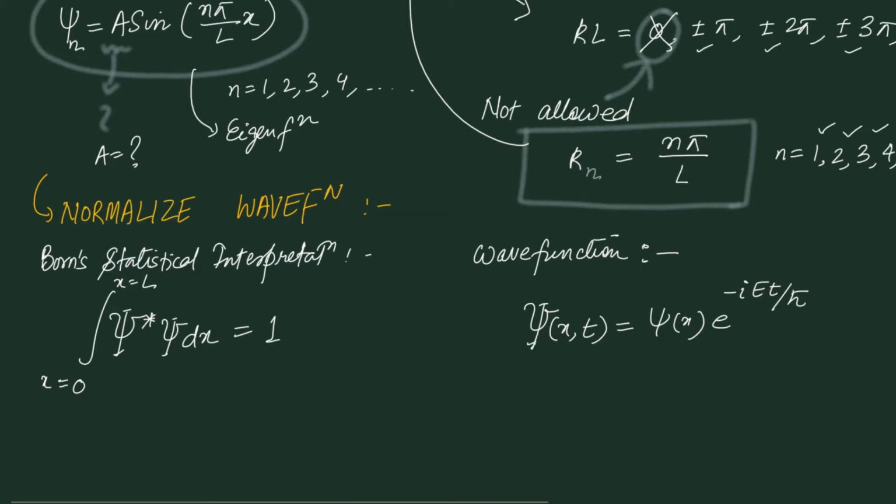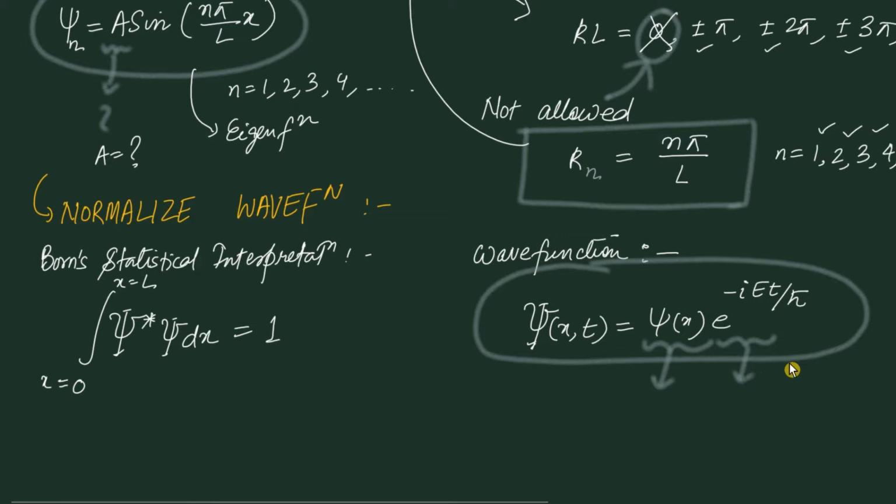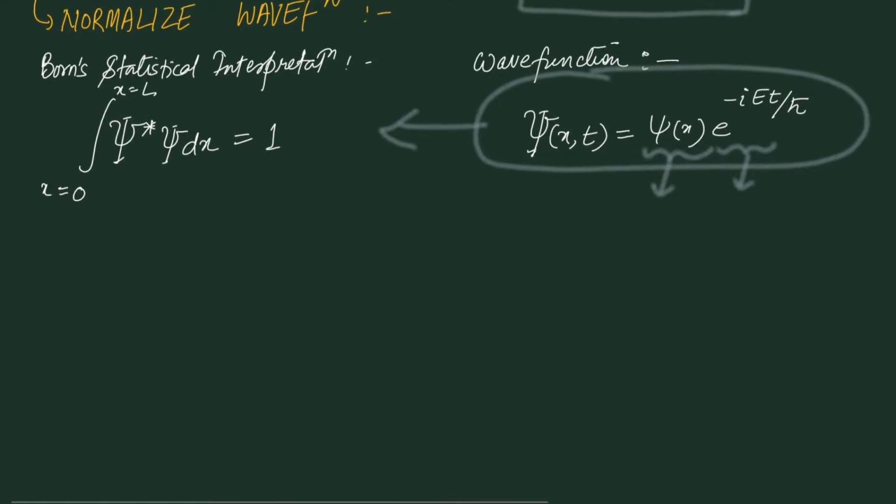This is the actual proper wave function, a multiplication of our obtained eigenfunction solution and the time component. Now this must satisfy Born's interpretation. That will help us calculate the value of a.